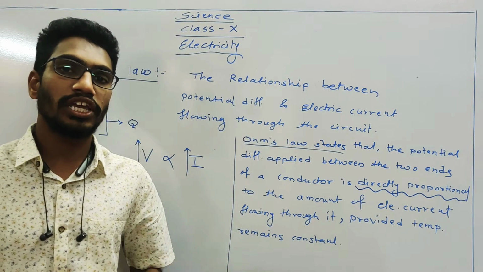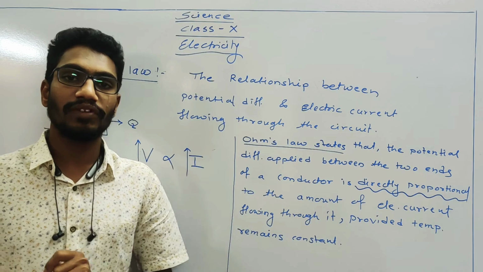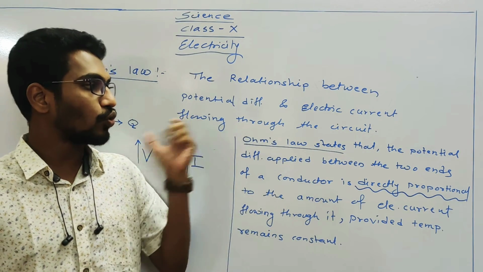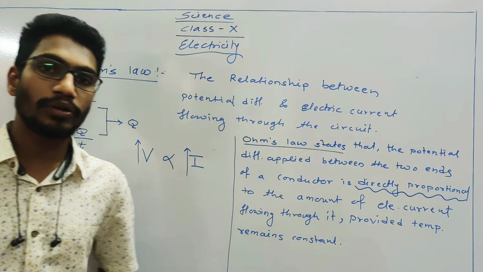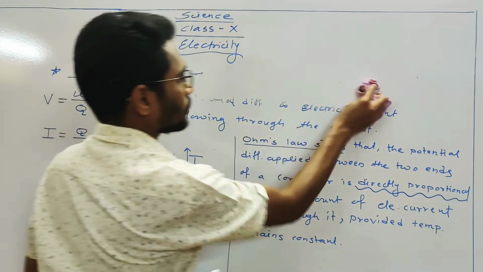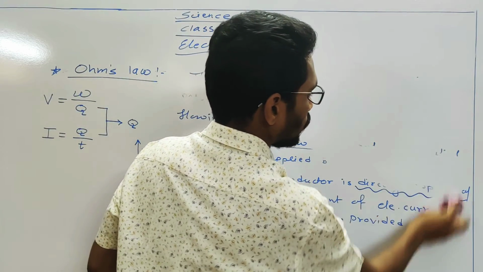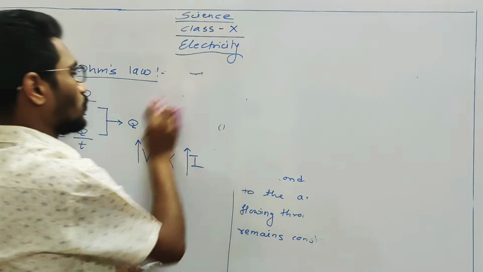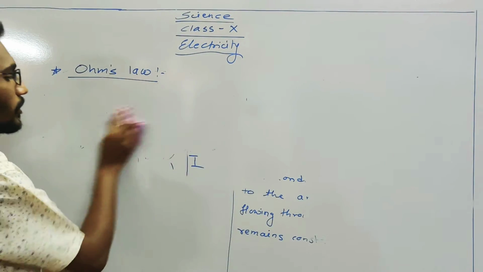I also shared a link with you about the activity, a video that explains the practical about this Ohm's law. On the basis of that practical, if you take certain values to verify this Ohm's law, what can we conclude from those values?